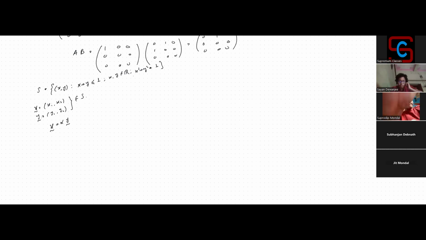So x1, x2 plus alpha y1, alpha y2, that is x1 plus alpha y1, x2 plus alpha y2, and we have that x1 plus x2 less than or equal to 1 and y1 plus y2 less than or equal to 1.